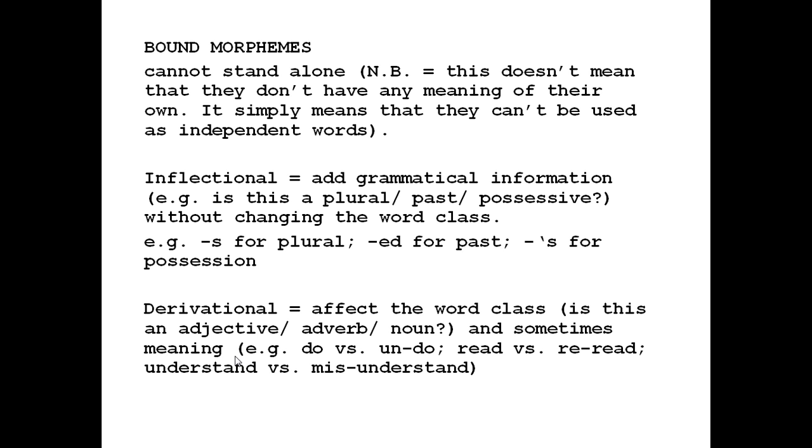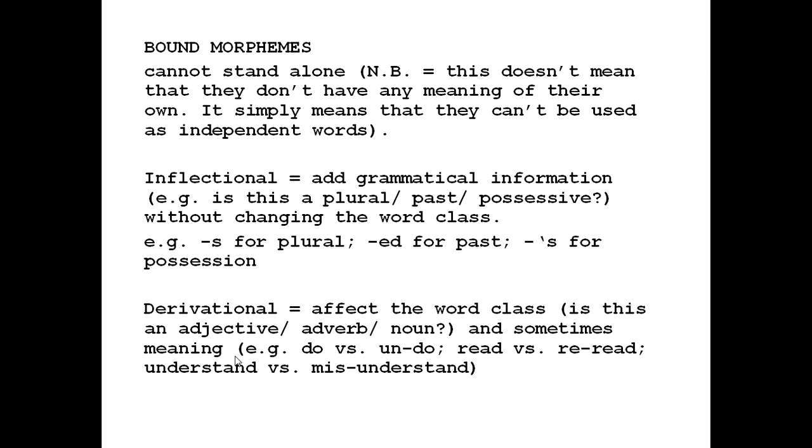Tell us if the word is an adjective, an adverb, or a noun. And sometimes also the meaning, like do, undo, read, misunderstand, miss, or also dis. You know, these prefixes are also morphemes, and they are derivational.